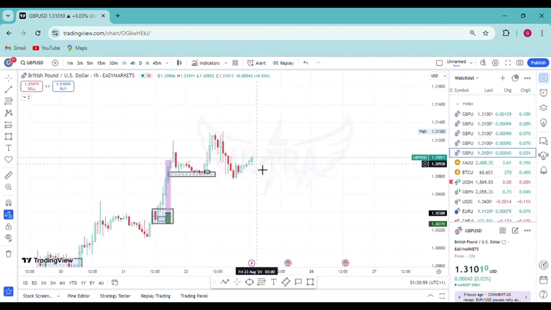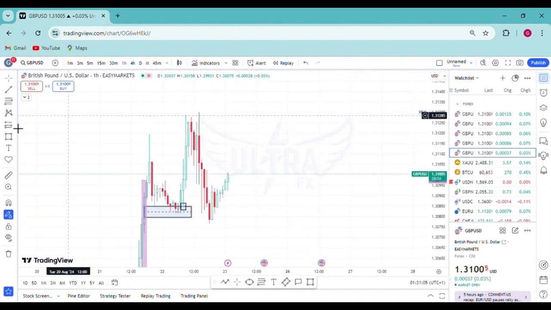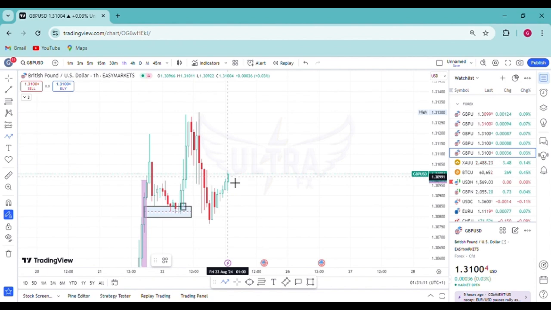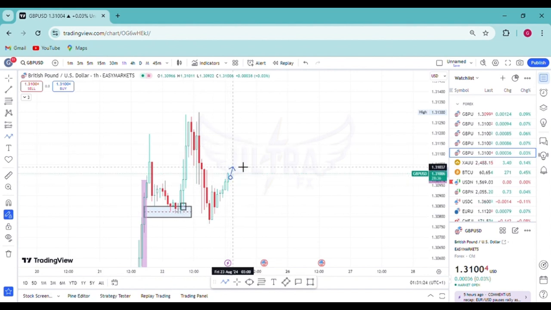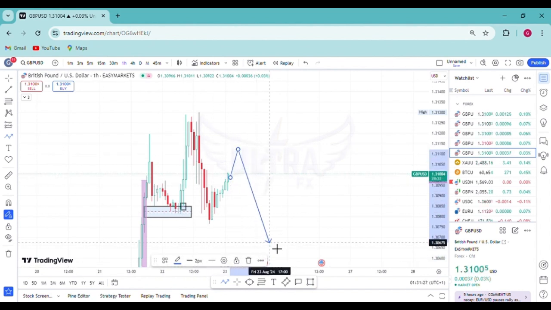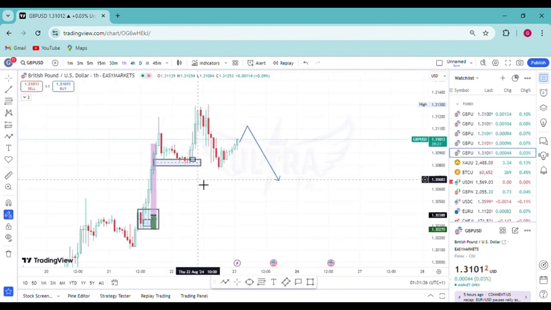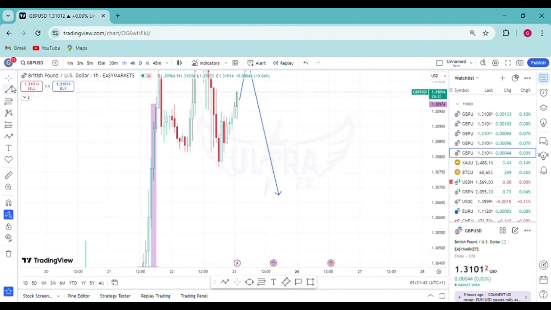And once this market does not create a high higher than this one, then we should be expecting a bearish trend very soon. So if the market stops here, does not create a high, and goes down, breaks it, then we could also project a bearish scenario, because the market broke this low here.